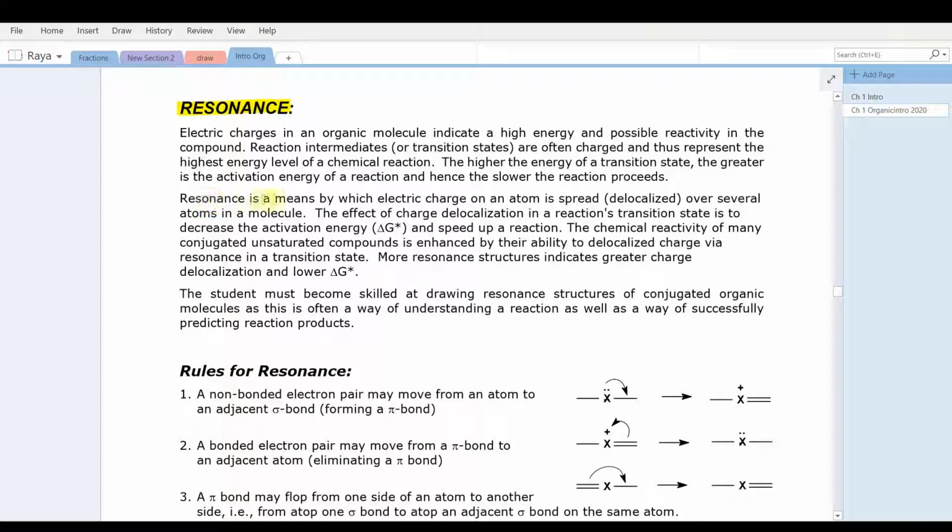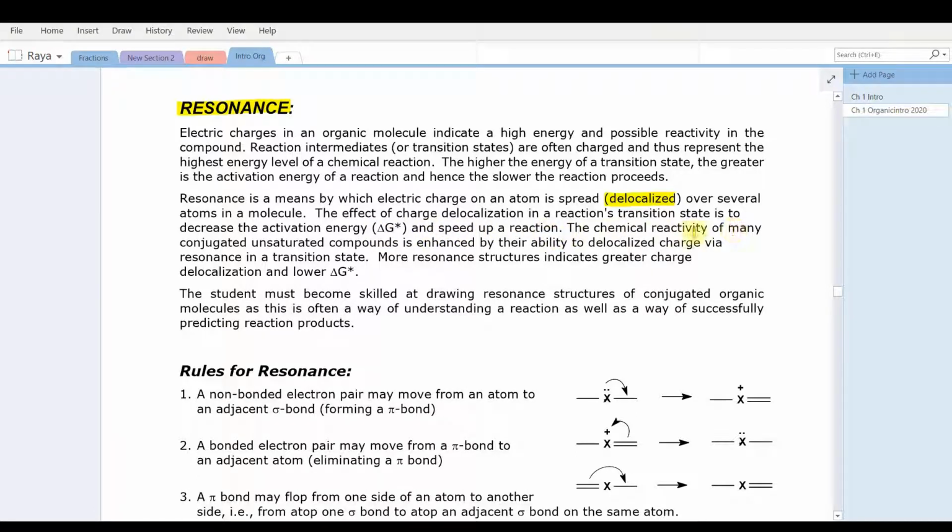And hence, the higher the energy hill, the slower the reaction proceeds. Now, resonance is a means by which electric charge of an atom is spread out, or we say delocalized, over several atoms in the molecule. And the effect of this charge delocalization in a reaction's transition state is to decrease the activation energy, and thus will speed up a reaction.